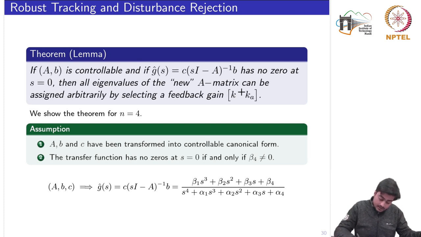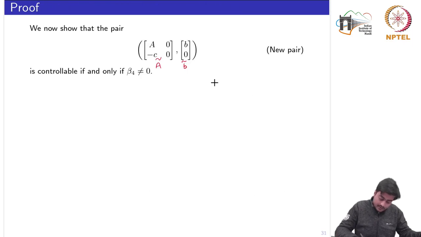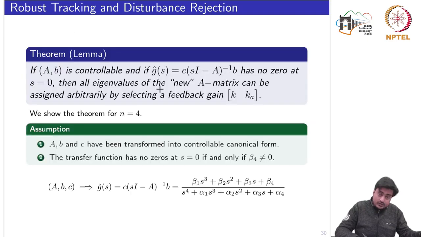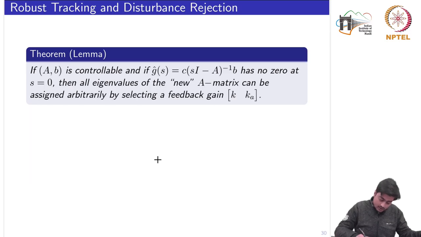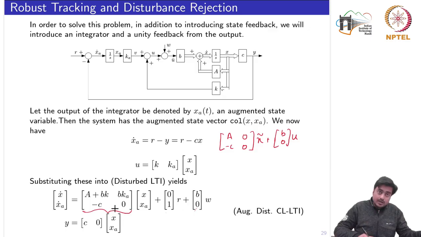So first of all, it should be clear why showing the controllability of this pair proves this lemma. Again, considering the fact that this closed loop state matrix is obtained for the augmented plant given by this one.